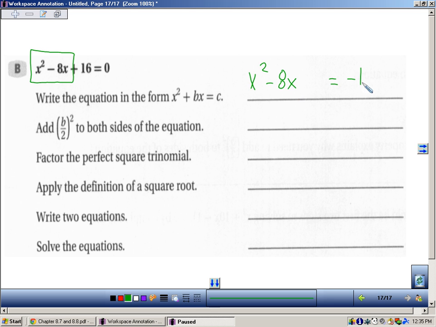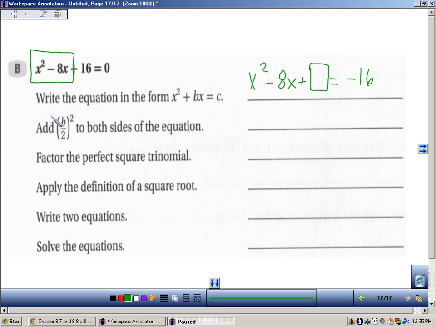Because we want to create a situation where we don't have a constant term, and we can find the constant term by completing the square, which makes this a perfect square quadratic, so we can take the square root.